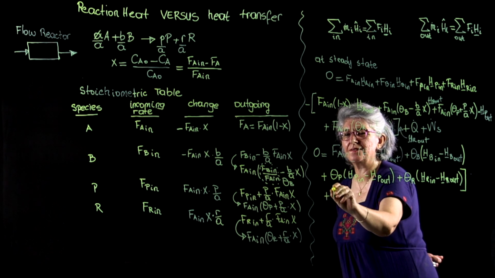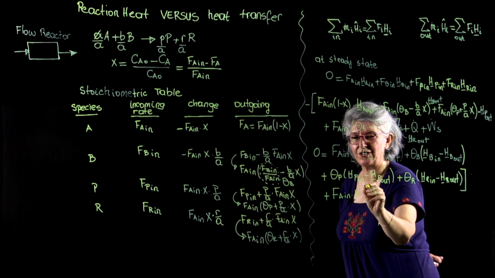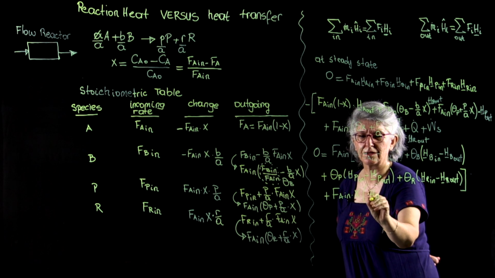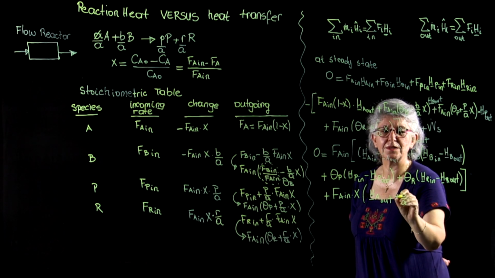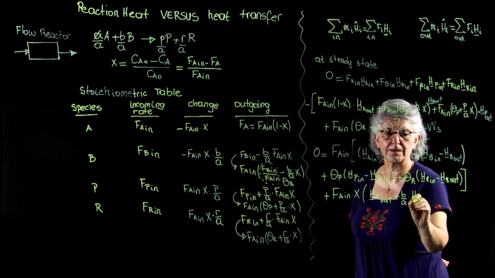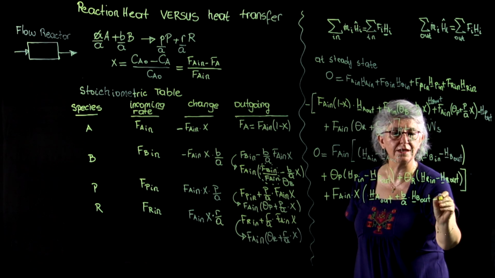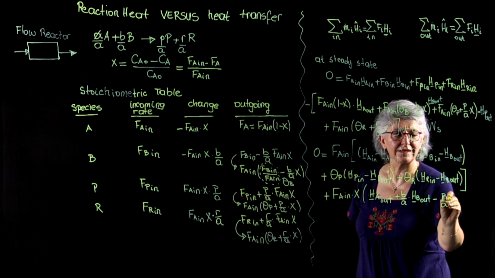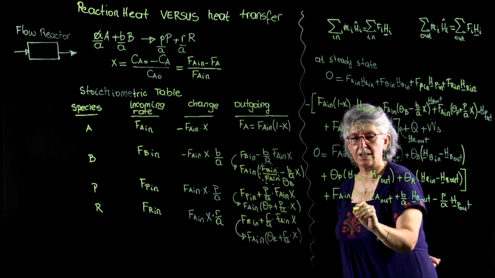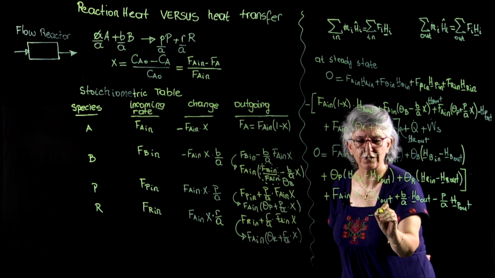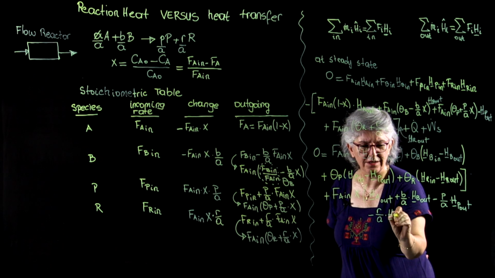Plus FA in times X. I have HA out plus B over A times HB out minus, it is plus, it's going to make it minus, P over A times HP out minus R over A times HR out.